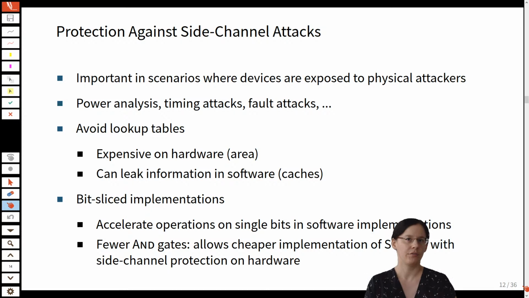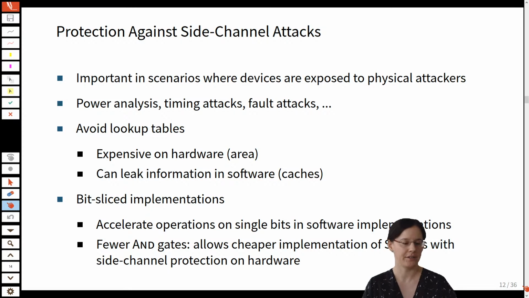So one thing that often helps against this is to consider a different implementation strategy for S-boxes: to implement the S-box not as a lookup table, but as a bitwise circuit. And this is called bit-sliced implementation. This works particularly well if the S-box can be described by a simple circuit, whereas it's difficult if the circuit is very complex, needs many operations, and so on. So AES, for example, is a relatively complex circuit.